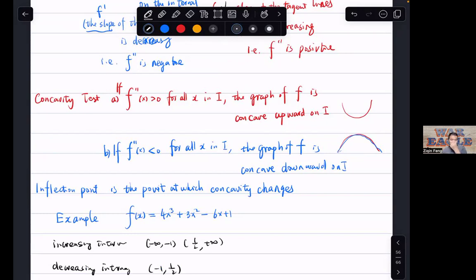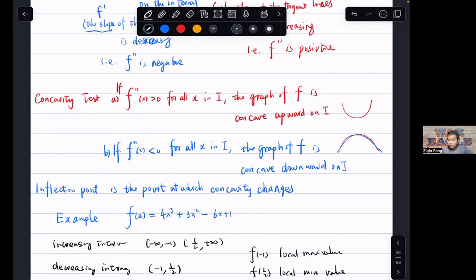So how do we get it? It was introduced in a previous video on the concept of increasing, decreasing, and also critical numbers, right? And so also we know that f of -1 is a local maximum value, and f of 1/2 is a local minimum value.